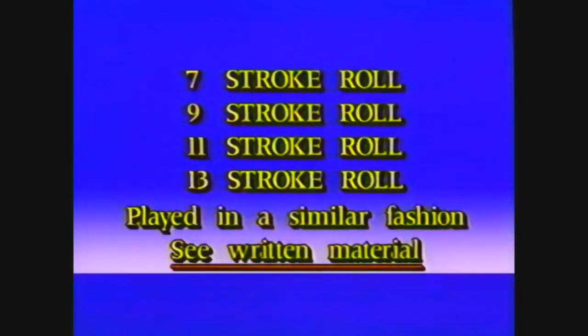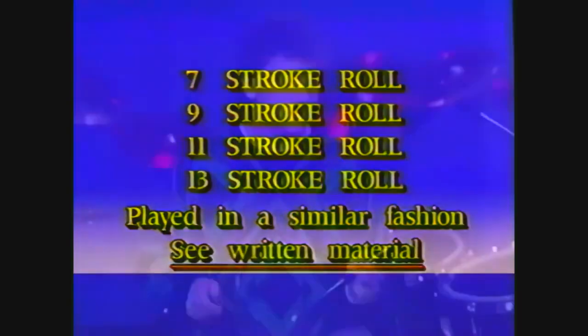Also, the 7, 9, 11, and 13 stroke rolls are constructed in a similar fashion. The 6-stroke roll is a little different because it begins with a tap, has 2 beats from hand to hand, and ends with a tap.